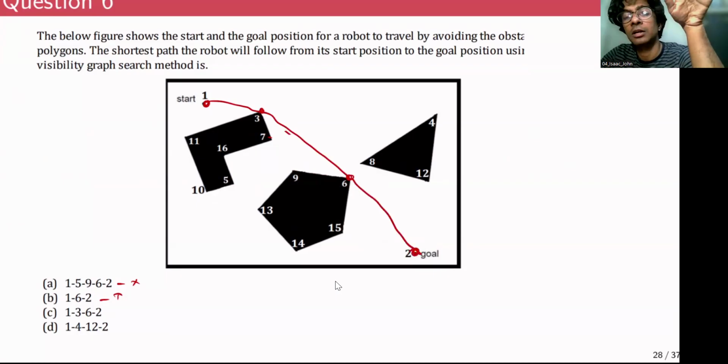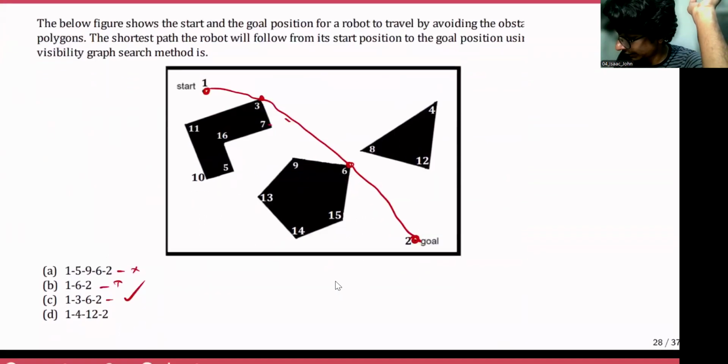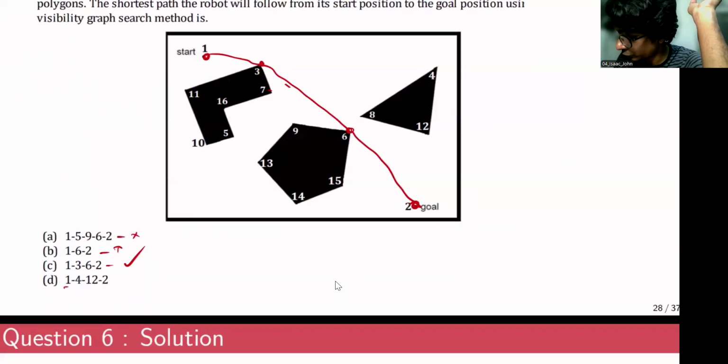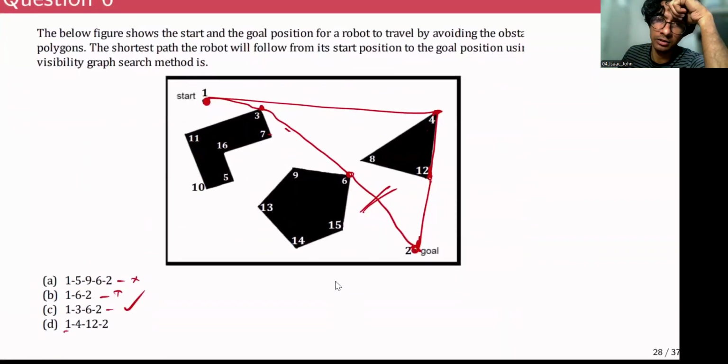That seems to be the minimal distance of all the possible paths available. So this seems possible. Then another path is 1, 4, 12, 2. So 1, this is 4, this is 12, this is 2. Obviously this path has a much longer distance, which should be pretty apparent from the connectivity graphs that we have drawn.